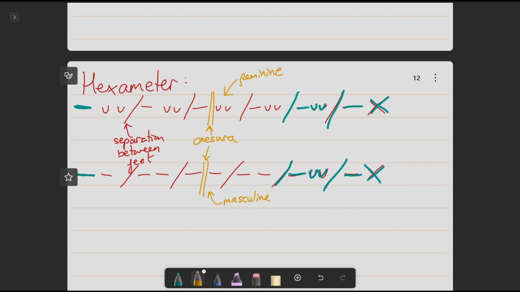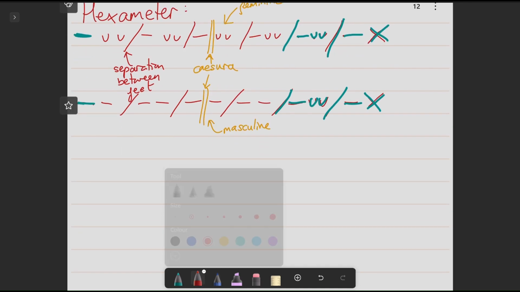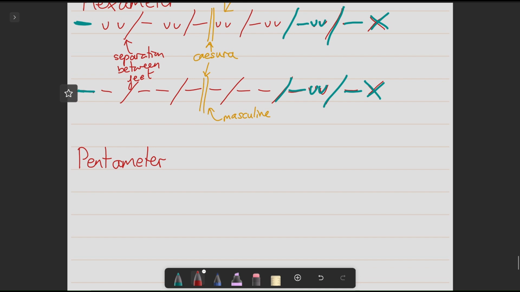So this is how you do a hexameter. Pentameter is slightly different. So pentameter, you have 2 of whatever you want. So it can be a dactyl, it can be a spondee.